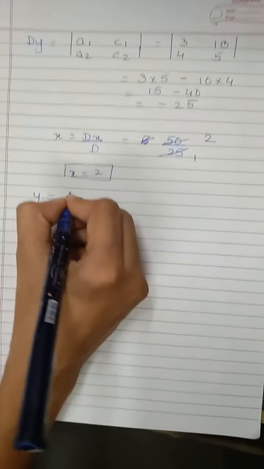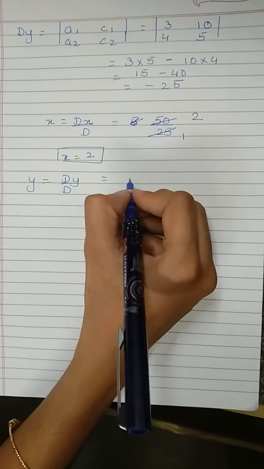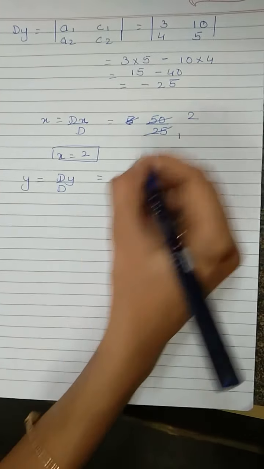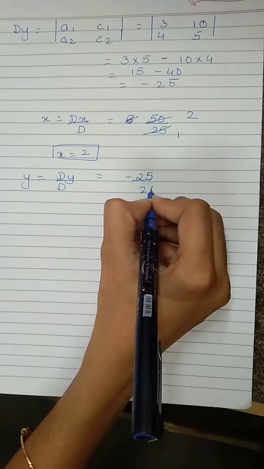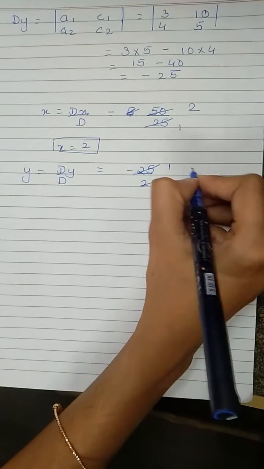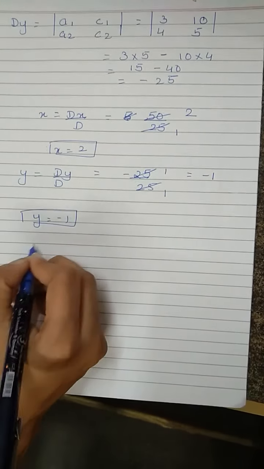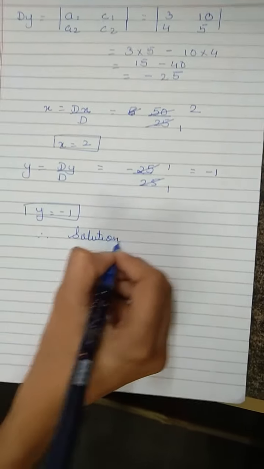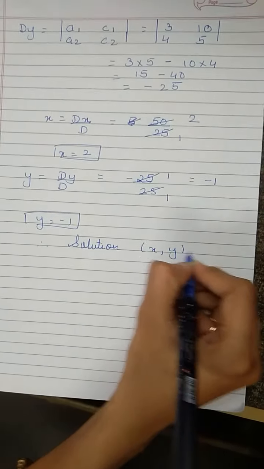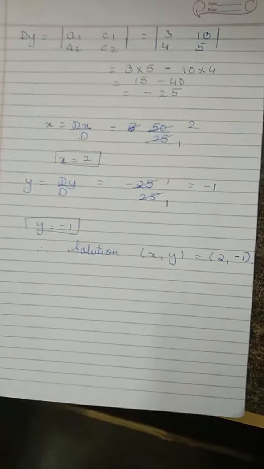Similarly, y is equal to Dy upon D. Dy is equal to -25, D is equal to 25, 25 ones are 25, so y is equal to -1. Therefore, the solution x comma y is equal to 2 comma -1. This is your final answer.